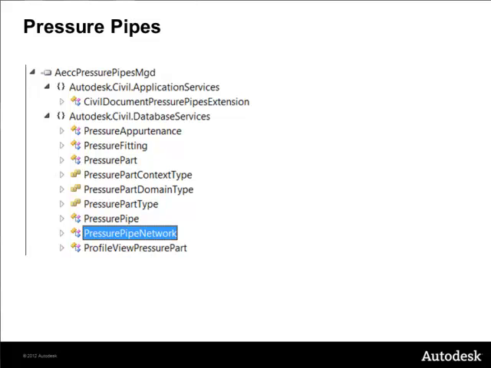The new .NET API for pressure pipe is packaged in its own assembly, AeccPressurePipesMgd.dll. The new features include appurtenances, that is the PressureAppurtenance class in the Civil 3D .NET API. Users can get and set the location of the appurtenances.